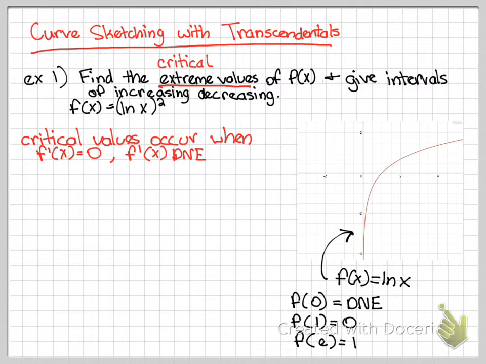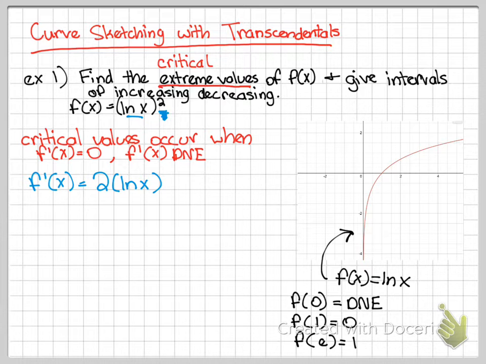So if we're finding the derivative of f of x here, this is a chain rule problem. We can see that the outer function is u squared. The inner function is u. Okay, if you want to use u substitution here, you can. If you just want to rely on chain rule, that's fine too. So with chain rule, you bring the 2 to the front because it's a power rule problem. Inside stays the same.